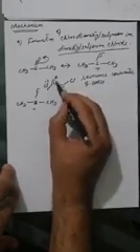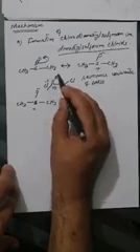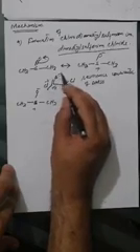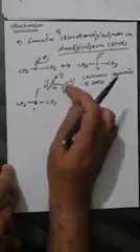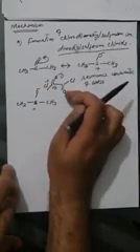We know that this carbonyl group has partial positive and partial negative charge, because this is very polar, and this polar site is attached to two electron withdrawing groups.